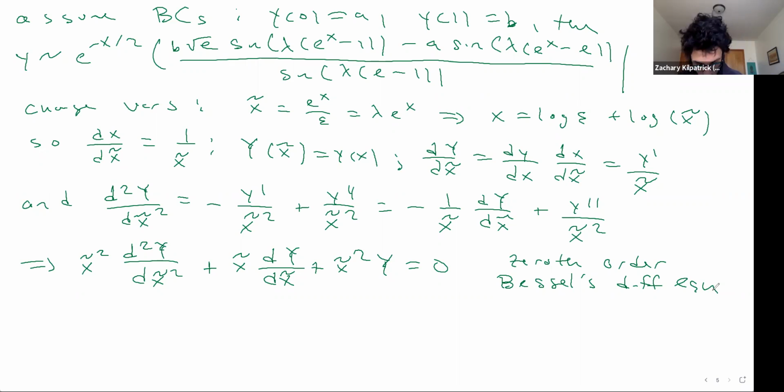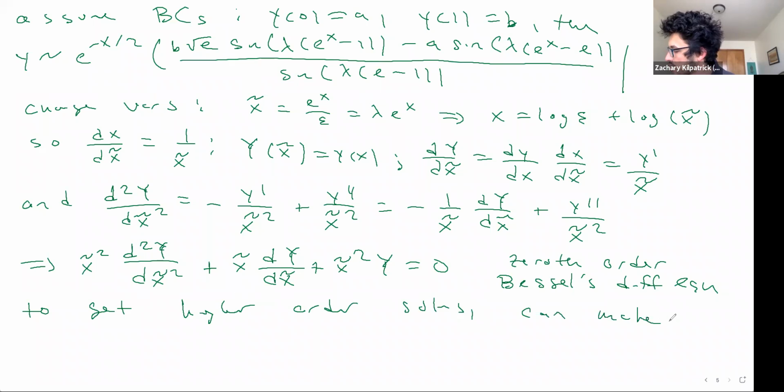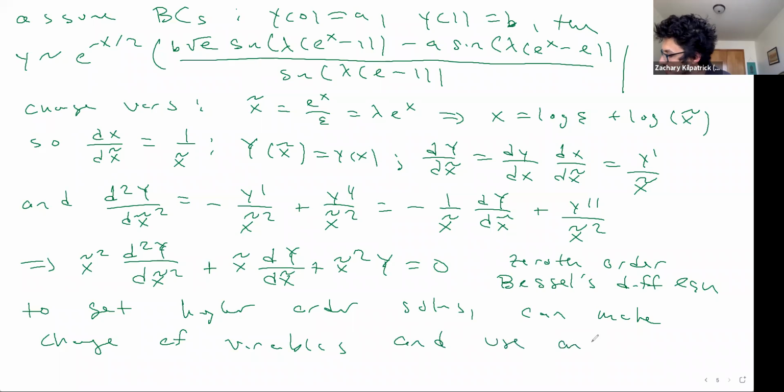So to get higher order solutions to this problem, you can make this change of variables and use an ansatz in order to get our Bessel functions in this case.